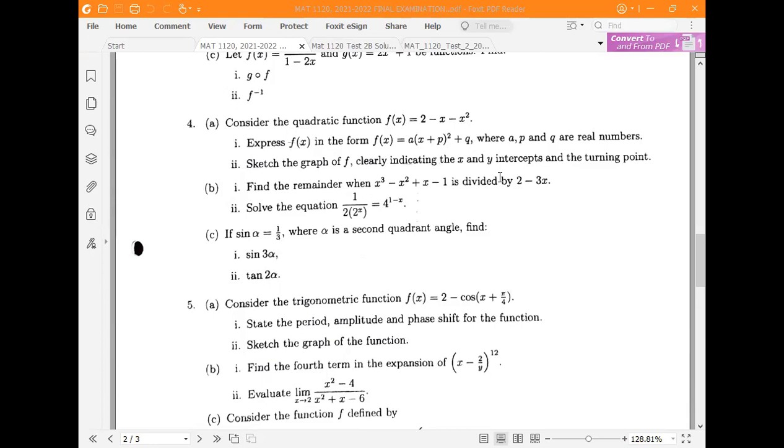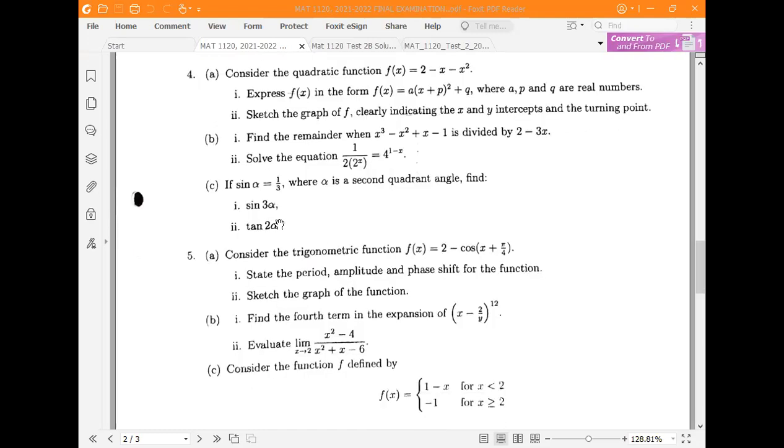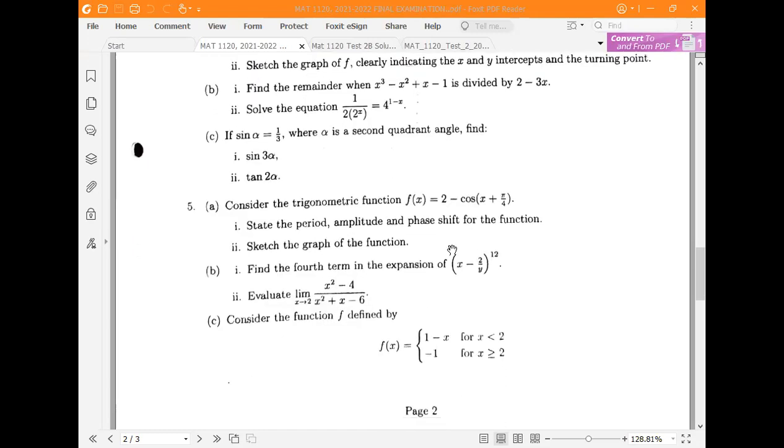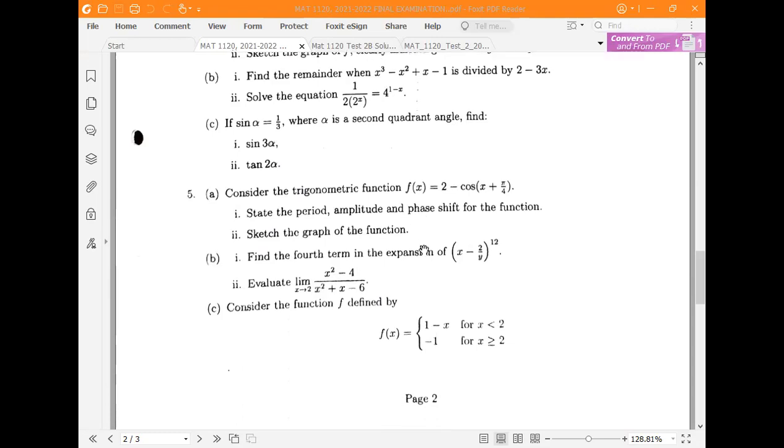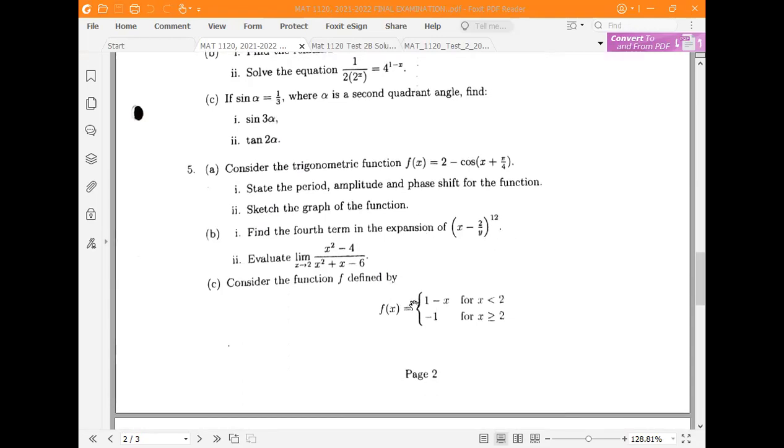So be sure that you are comfortable completing the square, you are comfortable finding remainder, you are comfortable solving exponential equations, you are comfortable with this kind of trig equation, you are comfortable with the sketches, with the term, you are comfortable with continuity, and the limit to a constant. So we keep adding more.